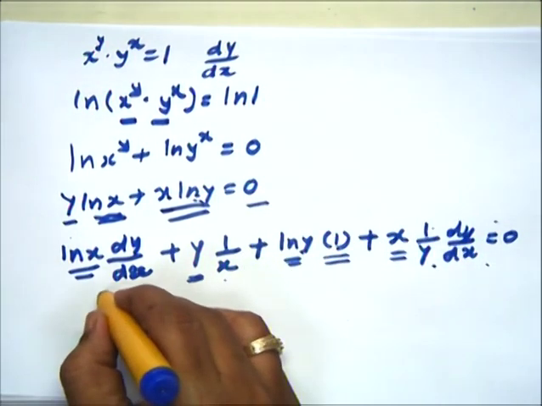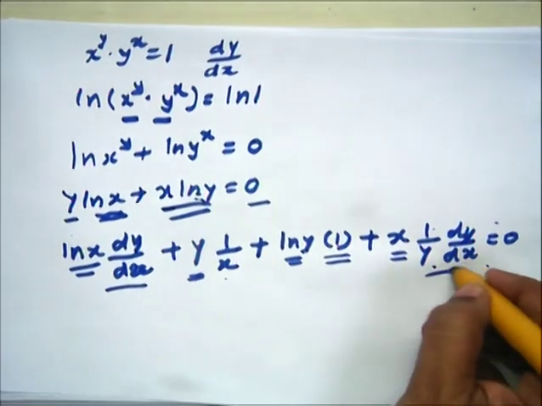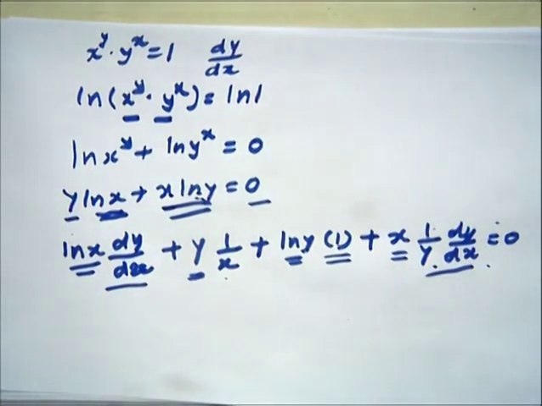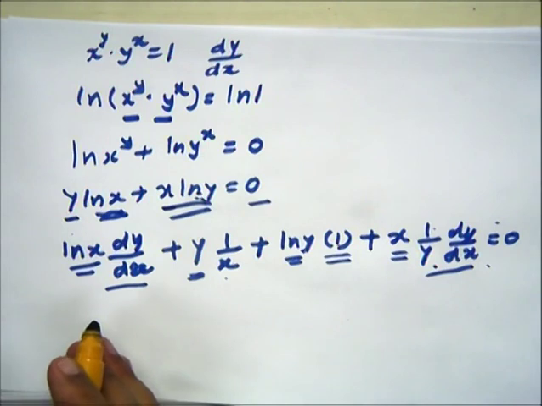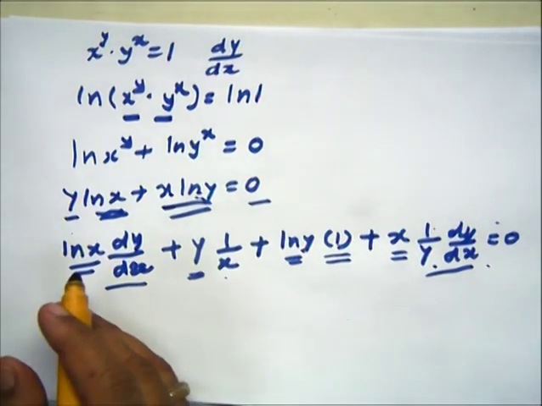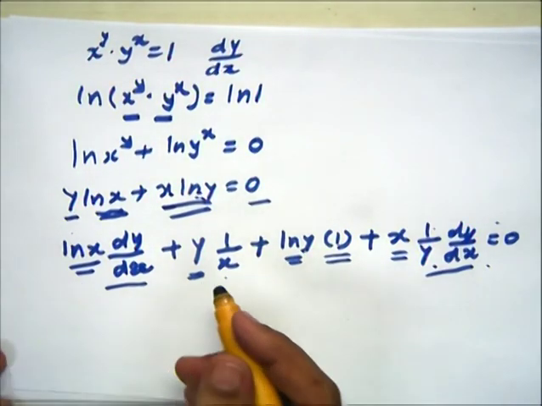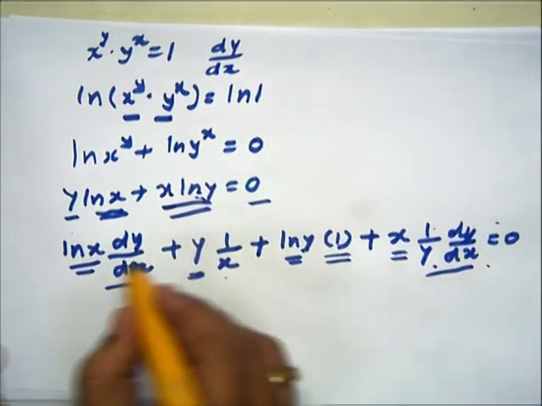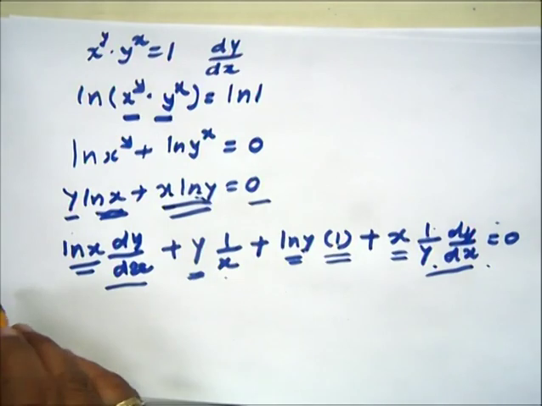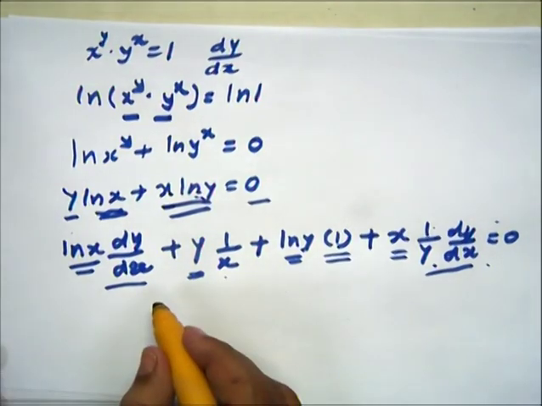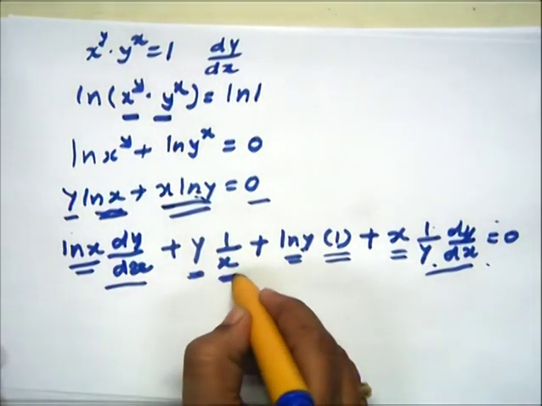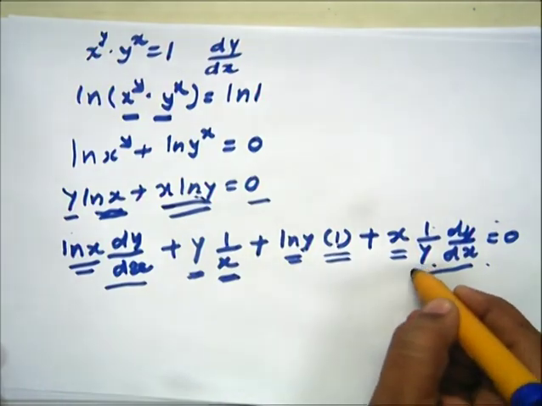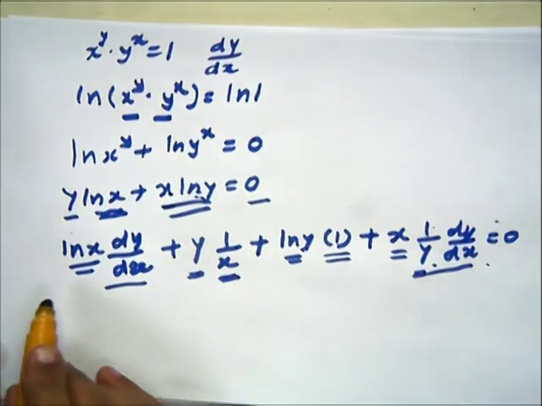So now we solve it for dy by dx. We take the terms including dy by dx on one side and the remaining terms on the opposite side. Before that, let us multiply the entire equation by x into y, because x is in the denominator in one term and y is in the denominator in another.